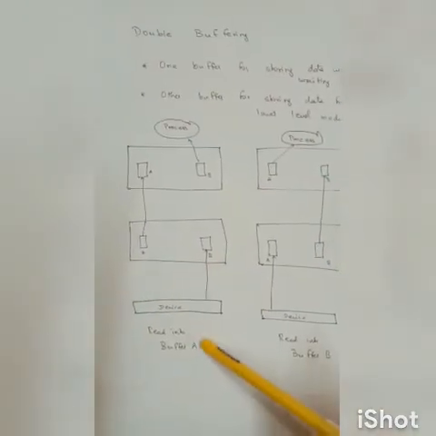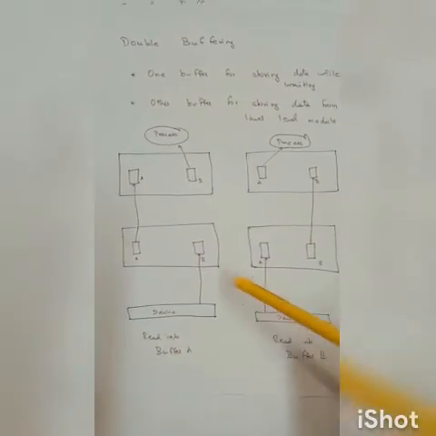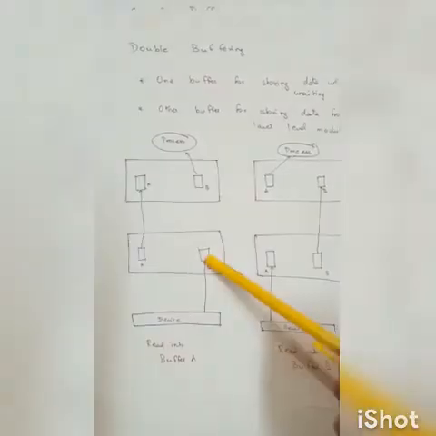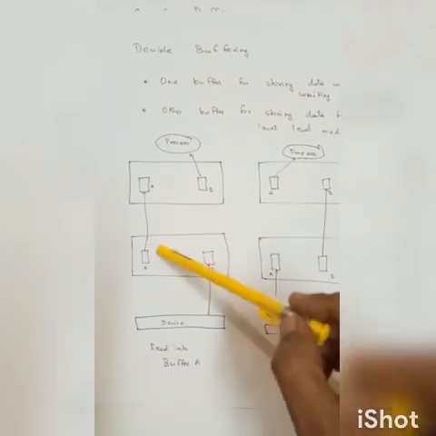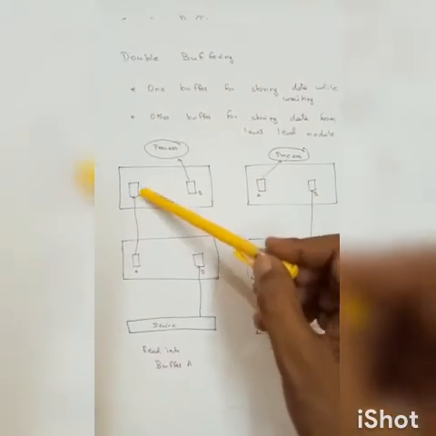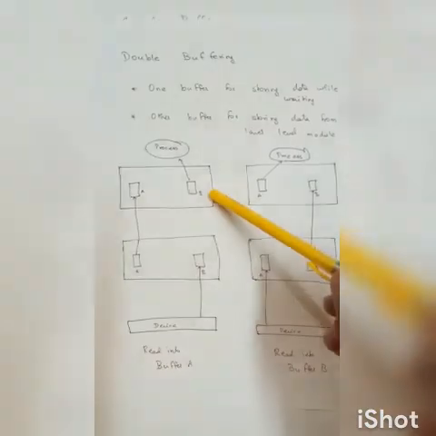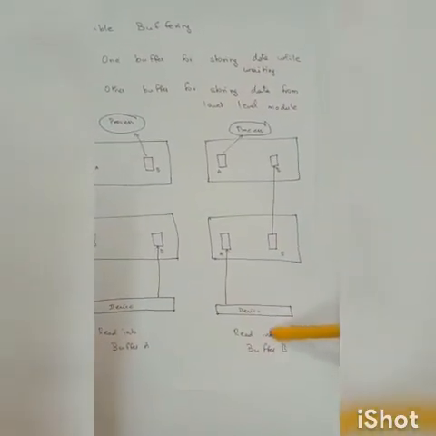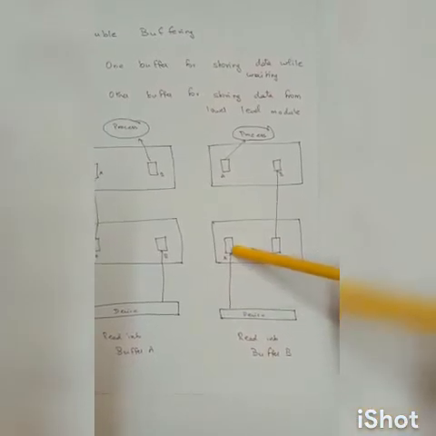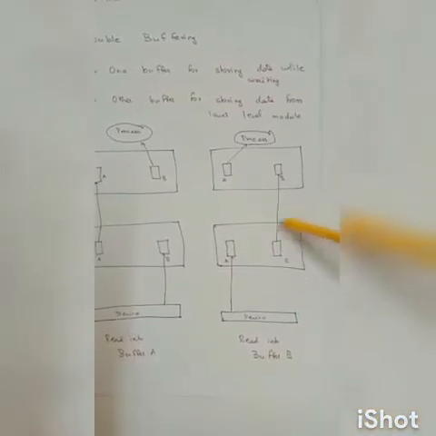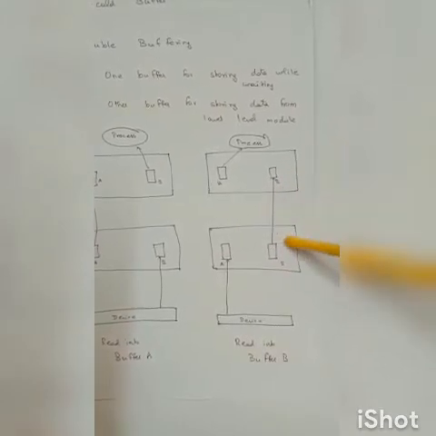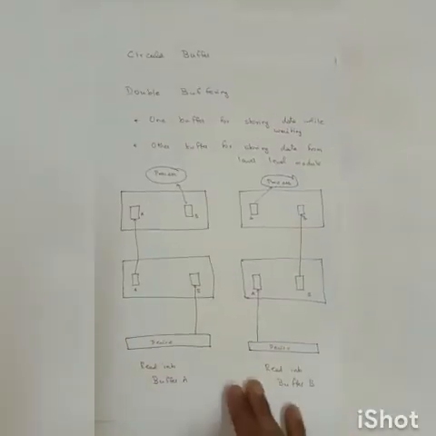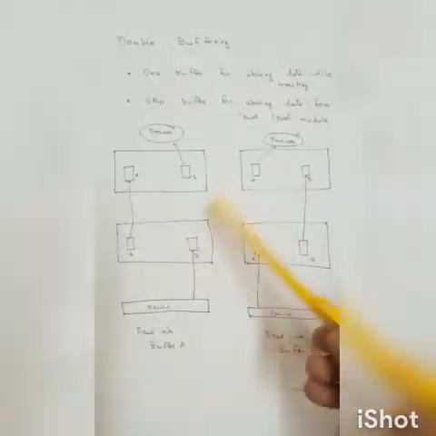This is reading from buffer A, and this is read from buffer B. The device moves information to B, B transfers to A, and A does the buffering process, and then the solution will be transferred through B. And over here, the reading happens by buffer B. So the device moves the process to A, A moves it to B, and the next level of B does the process, and that output will be given through A. That's how this works. This is your double buffering.